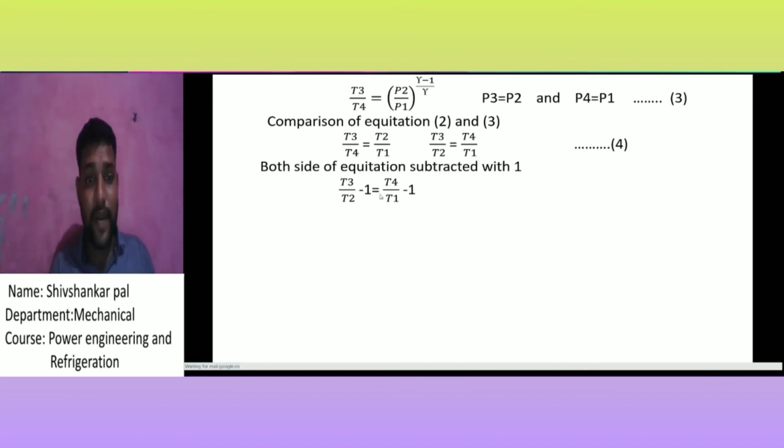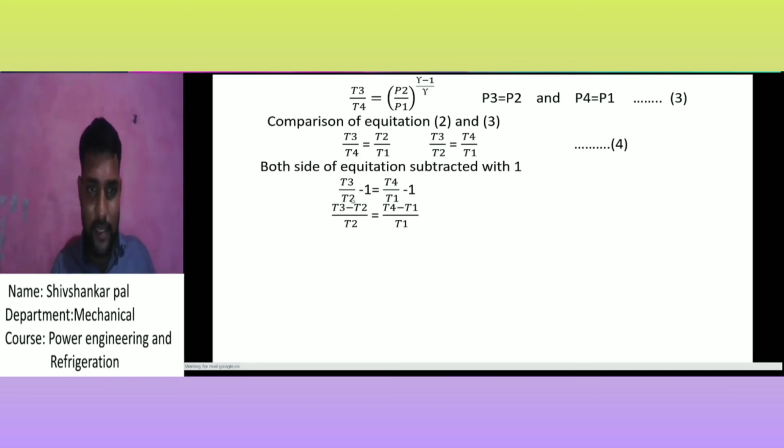Subtracting 1 from both sides has no effect on the value, so T3 by T2 is equal to T4 by T1. Anything you do to both sides, like adding 1 to both sides, does not affect the equation. Now multiply both sides; anything you do to both sides has no effect on the equation. Take the LCM.